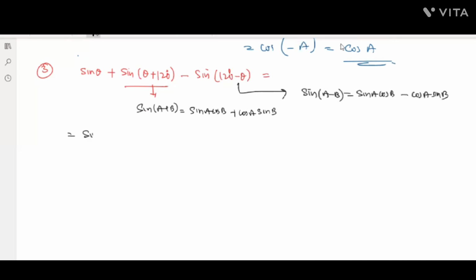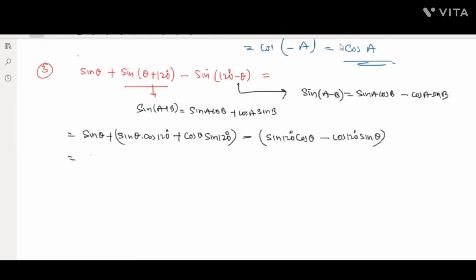First term is no change. For the second term, let's apply sin (A plus B), that is sin theta cos 120 degrees plus cos theta sin 120 degrees. Since we have minus next, keep the bracket. So sin 120 cos theta minus cos 120 sin theta. Now sin theta plus, open the bracket.